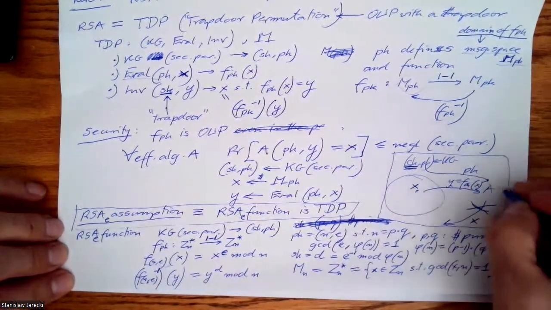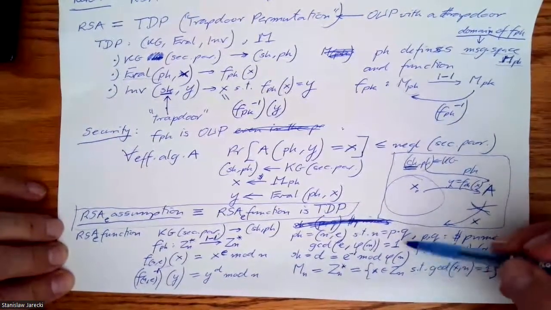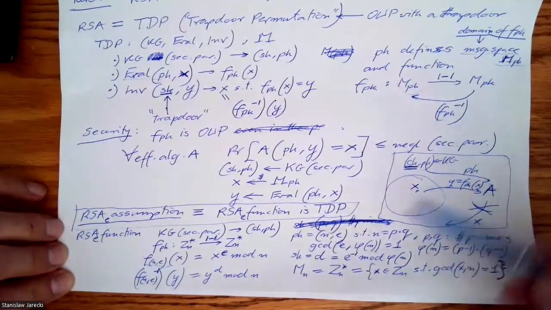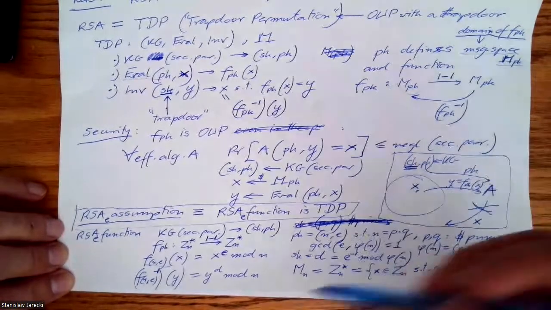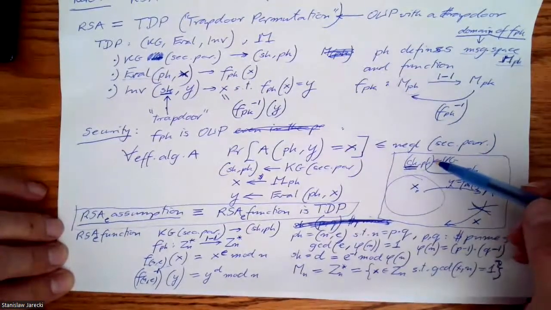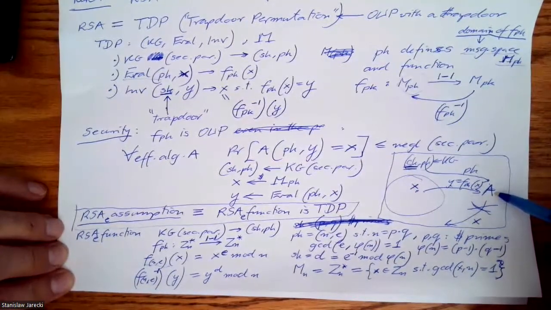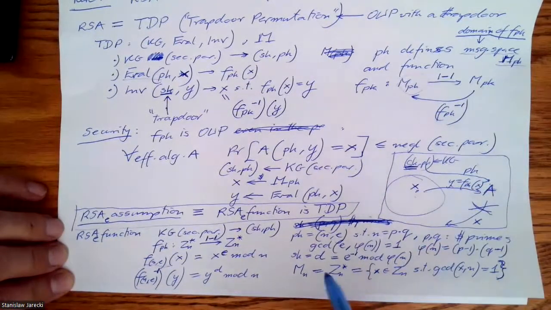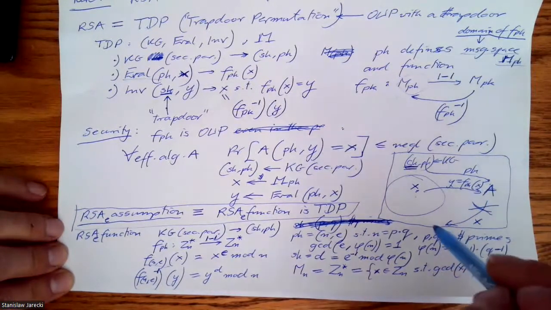If you follow this procedure for generating the SK-PK pair, where PK is (n, e) and SK is the associated trapdoor, you give the RSA public key (n, e) to the attacker, and you sample a random x in this space and give him x to the e, and you ask him to give you x.